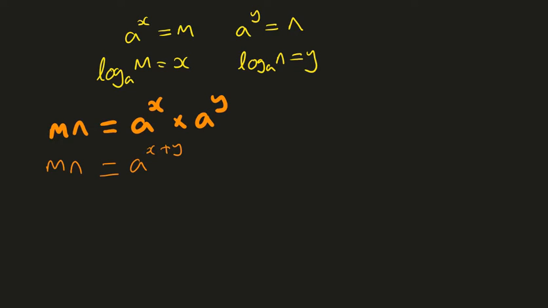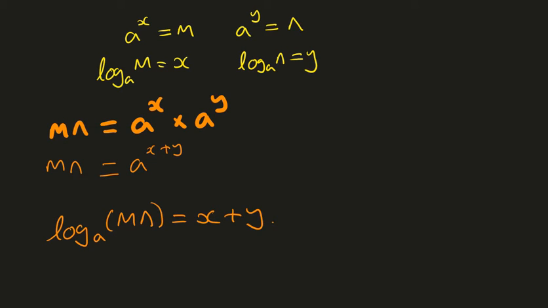And of course, we could just take logarithms of both sides, or what I mean by that is write this as a logarithmic expression. So what is it I have to raise a by to get mn? And of course, the answer here is x plus y.